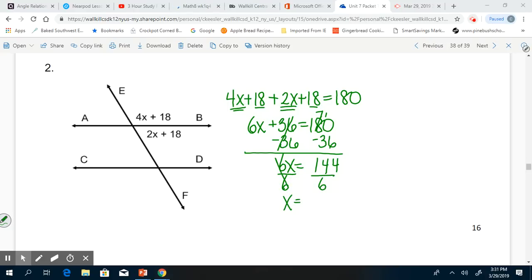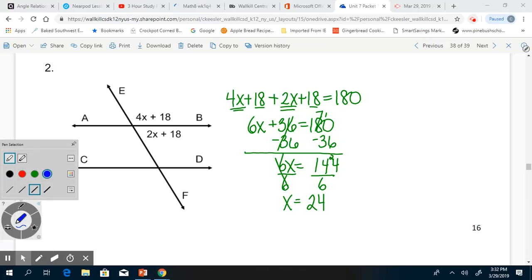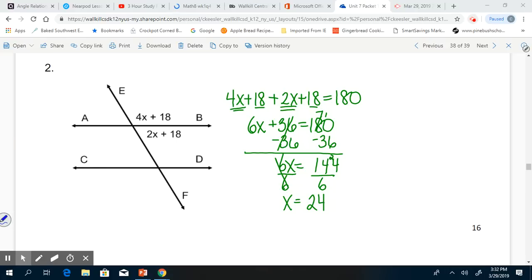And x equals, well, 6 goes into 14 twice. That's 12 with 2 left over to make 14. And 6 goes into 24 4 times. So x equals 24. But again, that is not my angle measure. That's just x. So now we have to plug it in and find the angle measures. So we're going to do 4 times 24 plus 18.